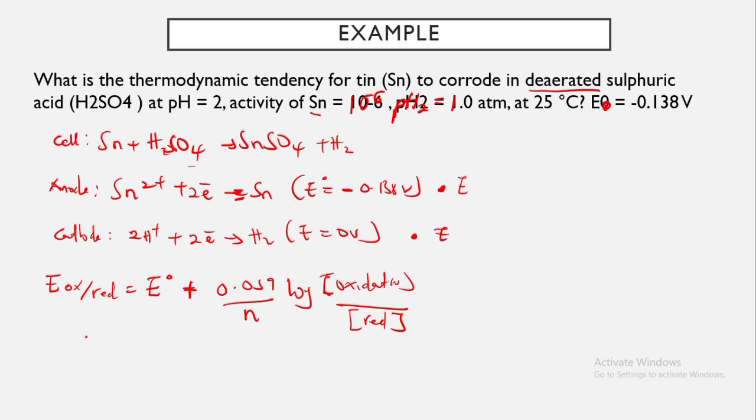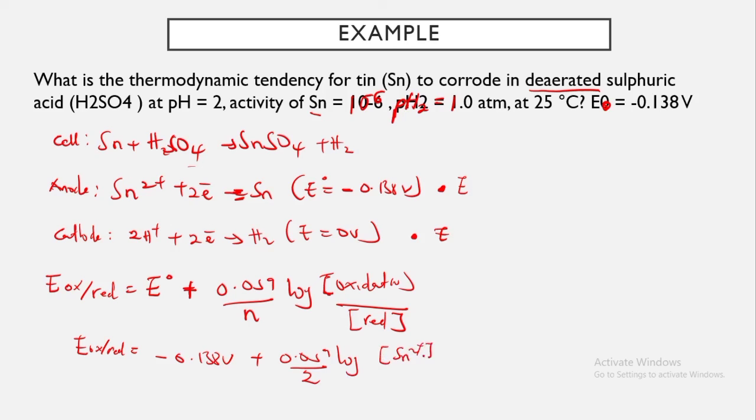So in this case, when we break it down, our E ox over red will be equal to, I'm doing the anodic reaction, you're going to get our E naught is what? Negative 0.138 volts plus 0.059 divided by the number of electrons transferred, which is 2, then log. Our oxidation is what?